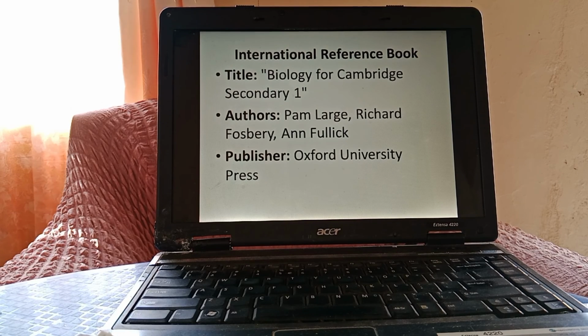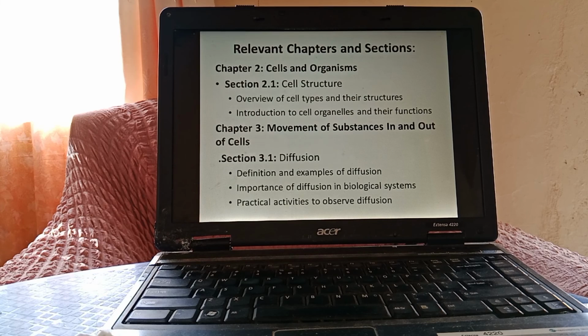International book is Biology for Cambridge Secondary 1, authors Pound, Range, Richard Fosbery, Anne Fallac, publisher Oxford University Press. Relevant chapters, as you can see them.